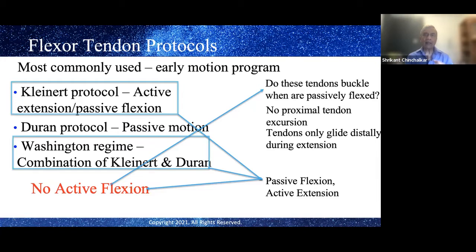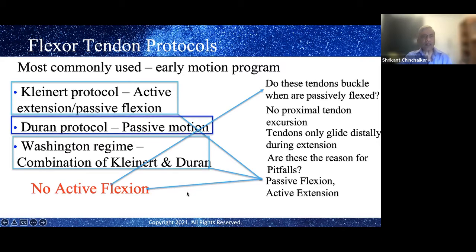It causes an abrupt passive flexion, or passive buckling, of the tendon at the PIP as well as the DIP. So we can very well see that these were the primary causes for pitfalls whenever we used the Kleinert, Duran, or Washington regime. Now, I have not focused much on Duran as yet.